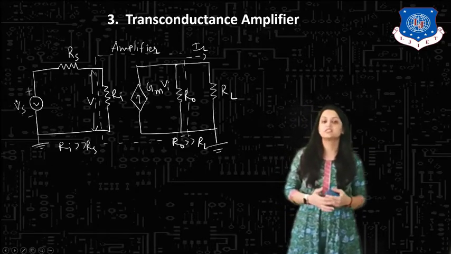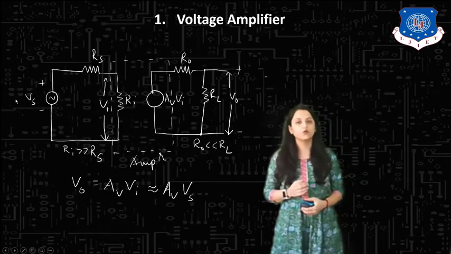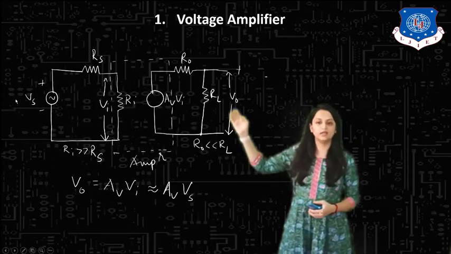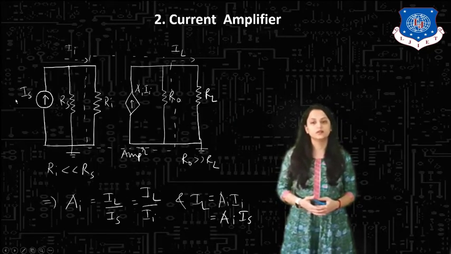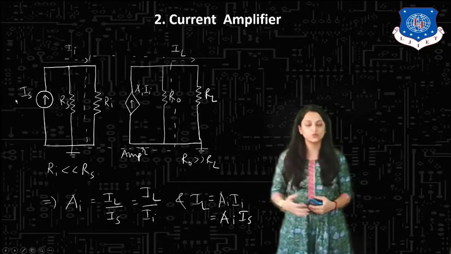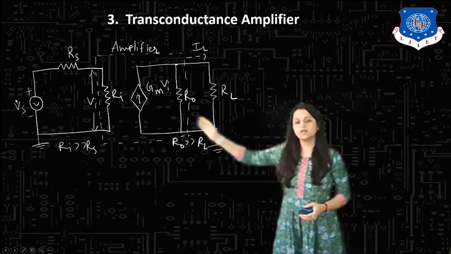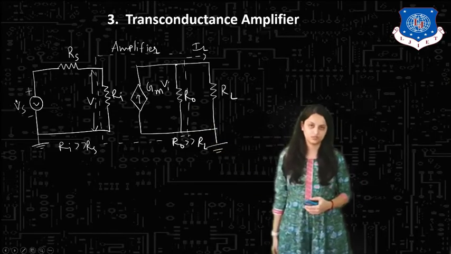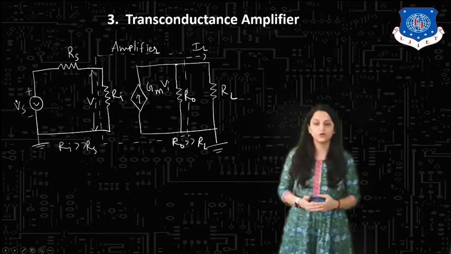Now next is transconductance amplifier. Now what is transconductance amplifier? So as you have observed in the first one, voltage amplifier, at the input side and here both are voltage sources. Same way in the current amplifier, two current sources are there. But here in transconductance amplifier, one voltage source and one current dependent source is used. That's why it is called a transconductance amplifier. Okay.